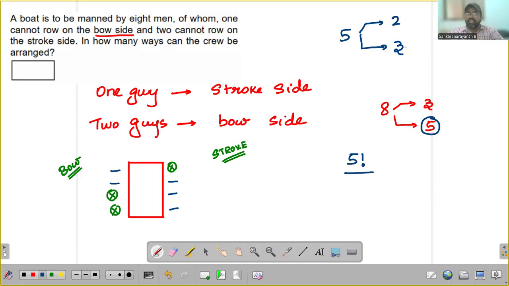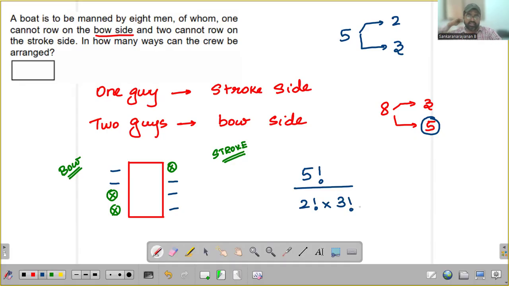The number of ways that you can do it will be 5 factorial upon 2 factorial into 3 factorial. I repeat, the number of ways you have to divide this 5 into 2 groups. Group 1, 2 people. Group 2, 3 people. The number of ways you can do it is 5 factorial divided by 2 factorial into 3 factorial.